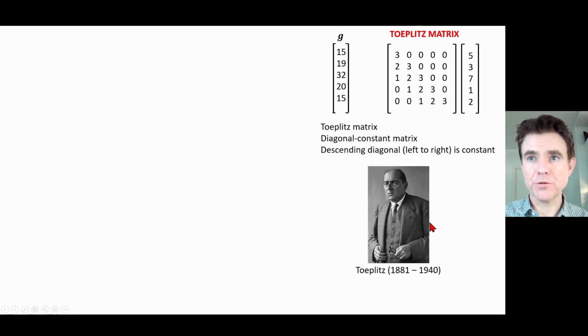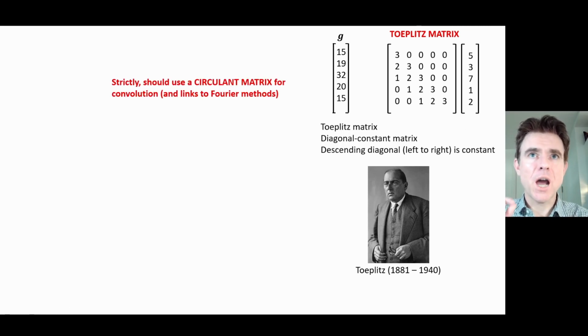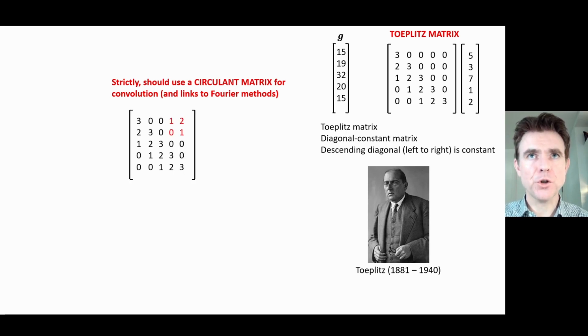And that's just named after the German mathematician Toeplitz, where all you have to do is just scan the diagonals from left to right, and it'd be a constant value on all those diagonals. That's a Toeplitz matrix. However, for convolution to be properly understood, you should be using a circulant matrix, because then that links beautifully with Fourier-based methods when you use the convolution theorem and so on, where with the discrete Fourier transform you have periodically repeating discretely sampled functions.